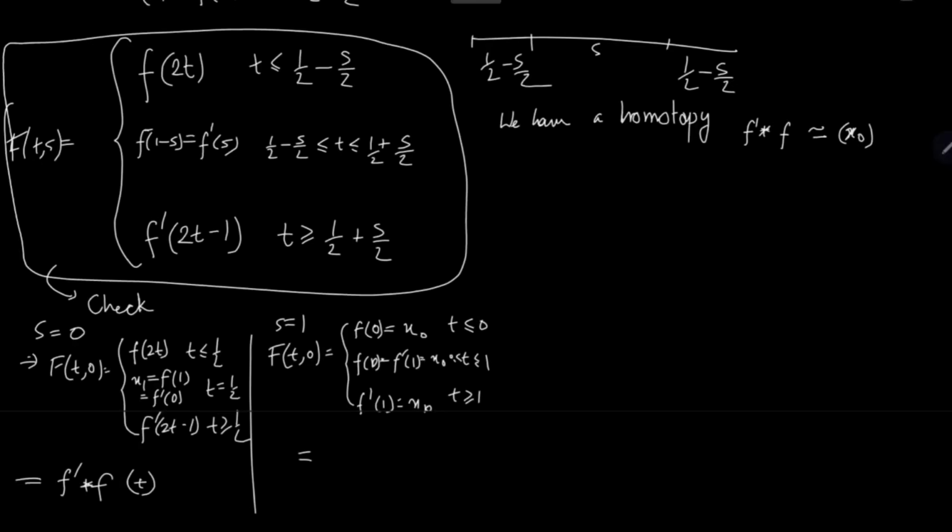So indeed we see that this is equal to the constant map x naught evaluated at t. So this is indeed a homotopy from f dash star f to x naught.